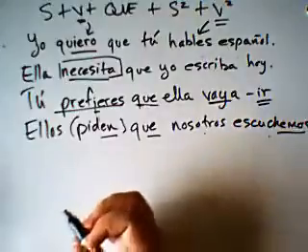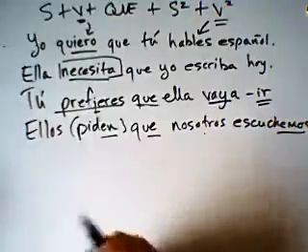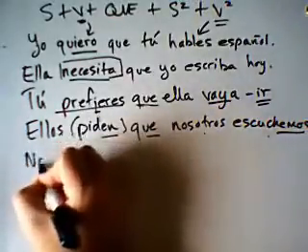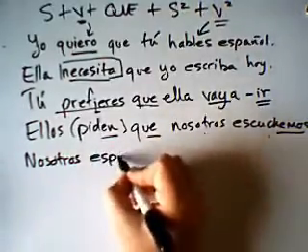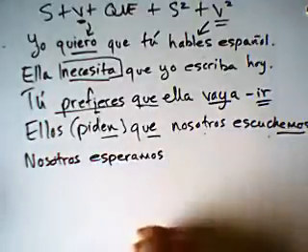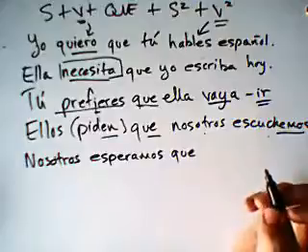A couple more examples just to drive the point home. We hope you guys stay. And I'm going to use the verb quedarse. Okay? We hope, nosotros, first subject, esperamos, first verb conjugated in the present tense of the indicative, present indicative mood. Okay? Que, and now we're moving on to our subordinate clause.